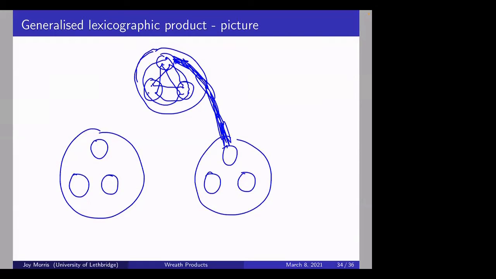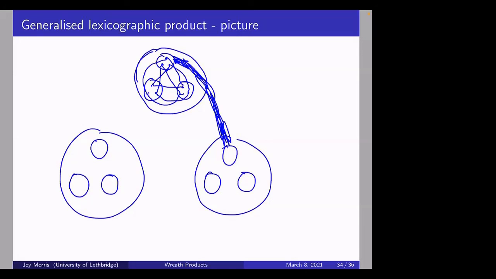I know that's very technical language talking about blobs, but this is the kind of thing that can arise. This is a generalization of the lexicographic product. If H and K are the same group, then we get the regular lexicographic product.